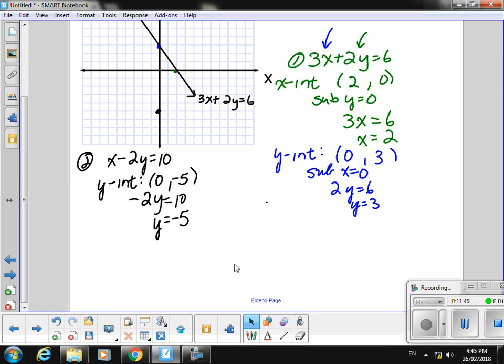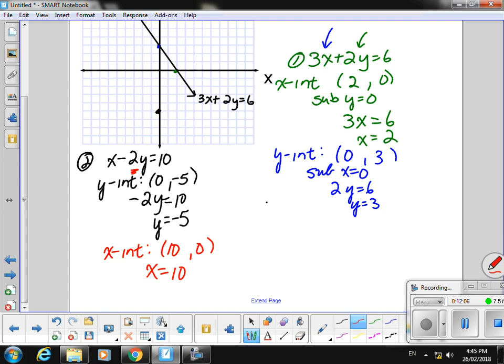My x-intercept for line number 2 is where I have a y value of 0. If I put a 0 in for y, I have a 0 for the second term. I am left with x equals 10. So my x-intercept is 10, 6, 7, 8, 9, 10, which is right there. Joining those 2 points, I have my line.